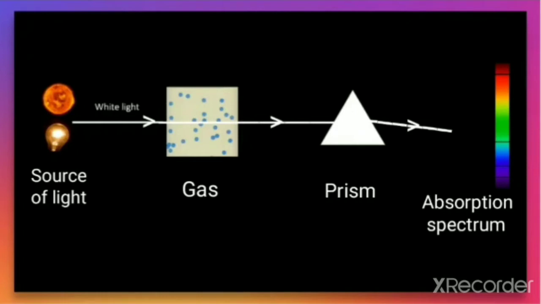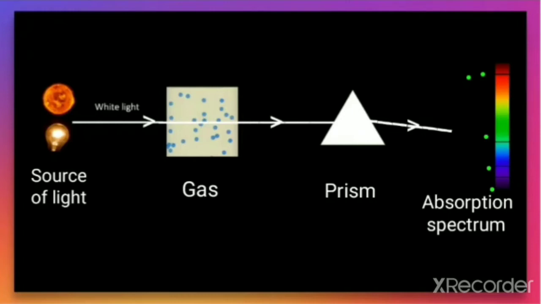We know that normal light has a spectrum, that is a light spectrum, in which all colors are merged. But when you observe this spectrum, you can find that there are some gaps. You can say some dark color lines are there which separate the colors from one another.